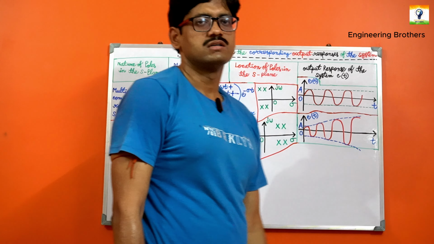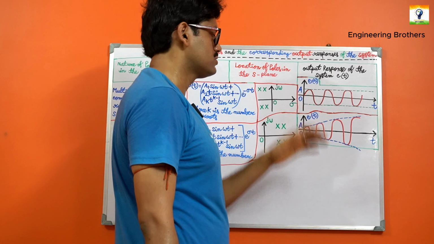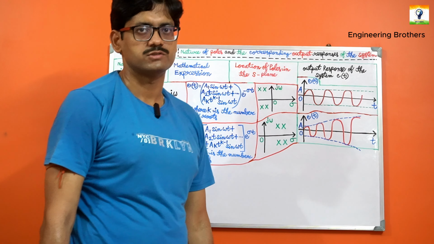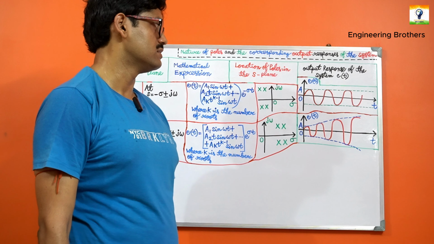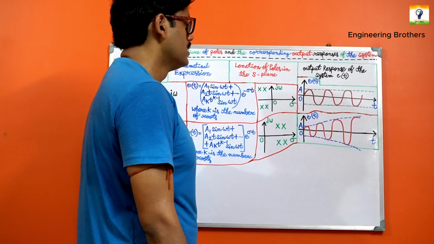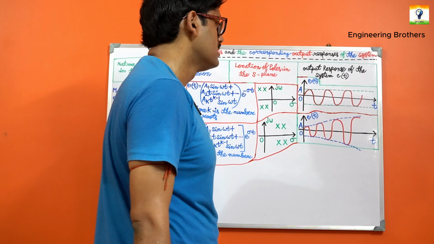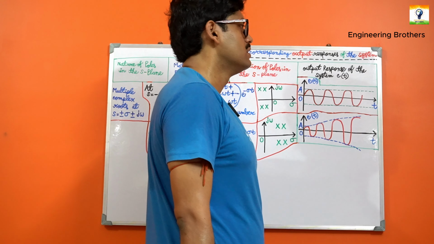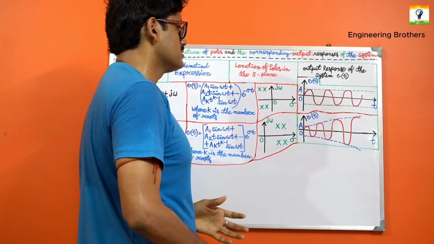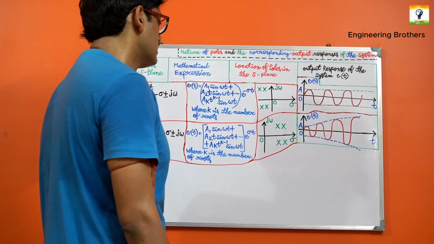Why? Because the value is not going towards 0, nor towards infinity. Throughout the c(t) versus time curve, we have constant oscillations.